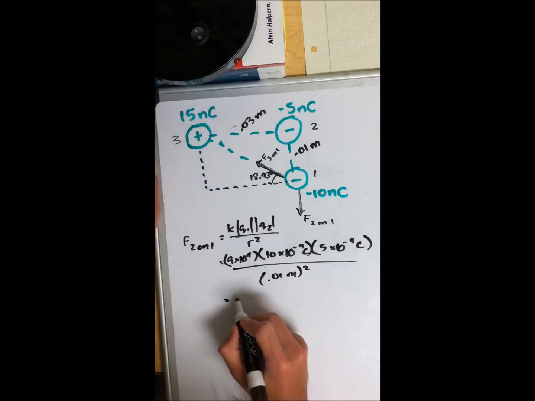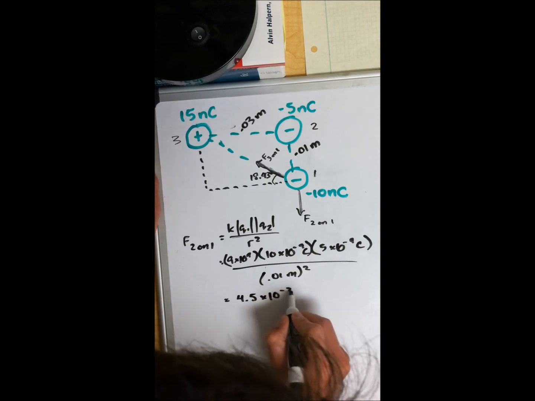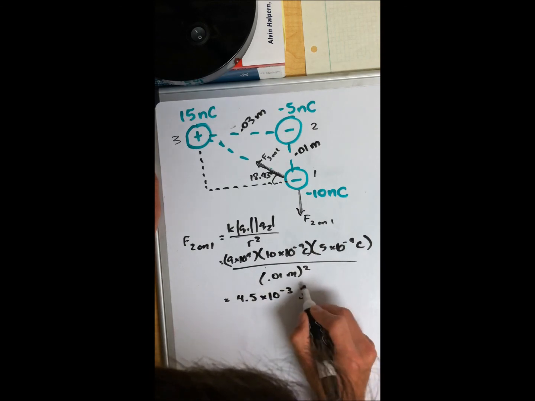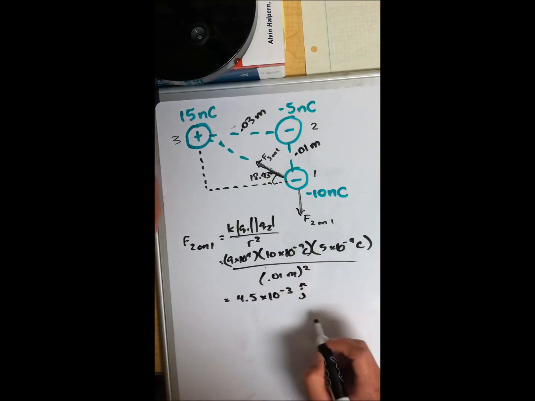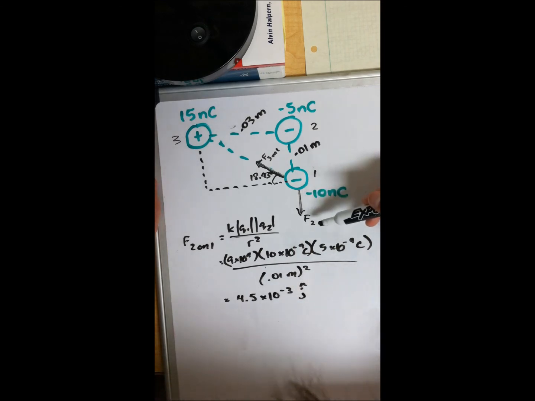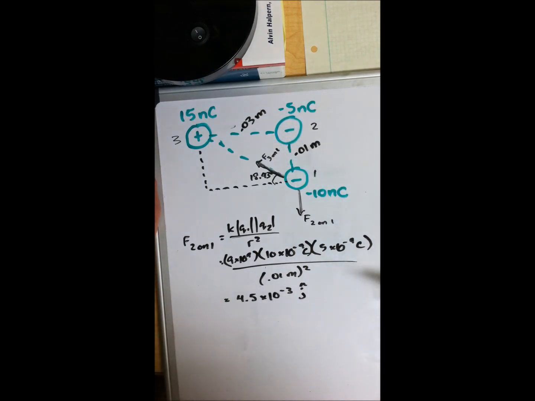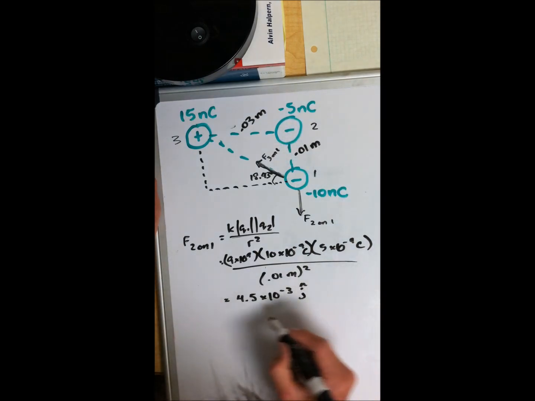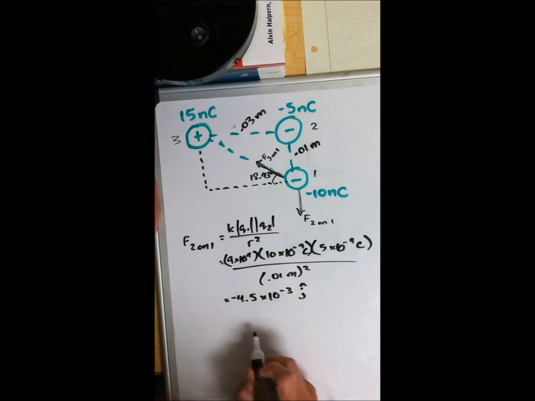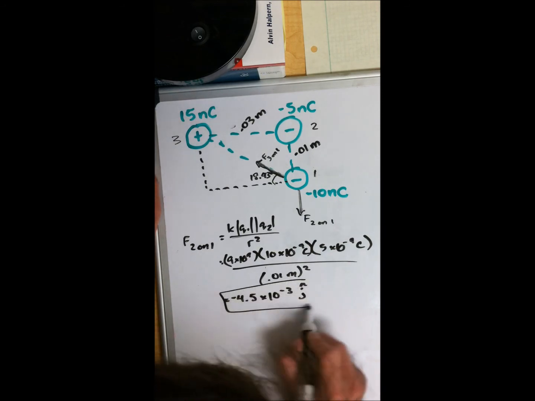And our resulting value from this is going to be 4.5 times 10 to the negative third in the j hat direction, or y direction. However, we know that it's going down visually here because of Coulomb's law, and so we'll apply a negative there to show that it's going in the down direction. So that's F of 2 on 1.